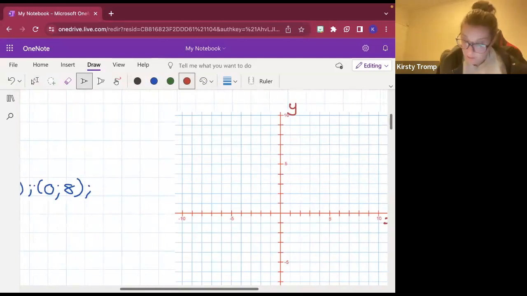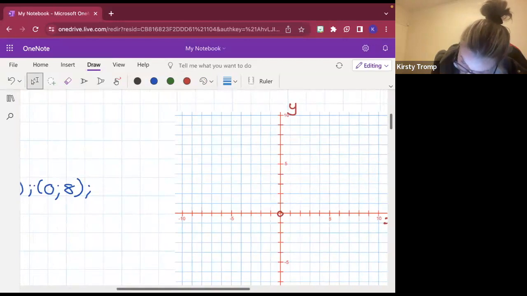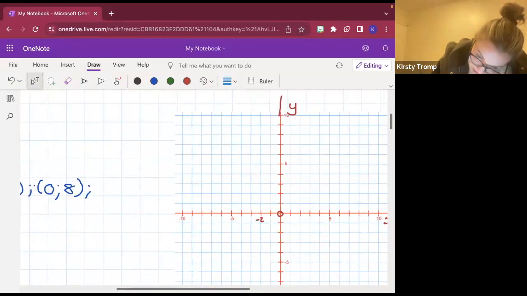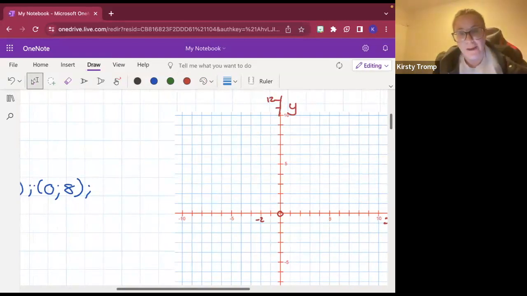So if I'm looking for -2, here is my 0. -2 is like here. Okay, and 12, oh, actually, 12 is not on this graph. Whoopsie daisy. So we're just going to extend this graph just a little bit. 12. Okay.